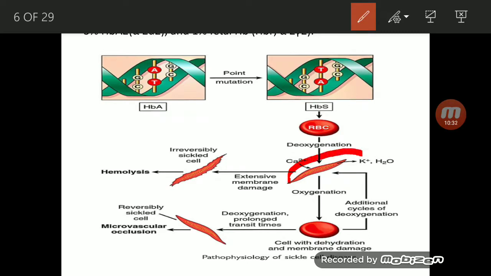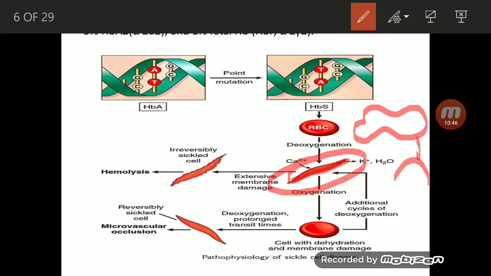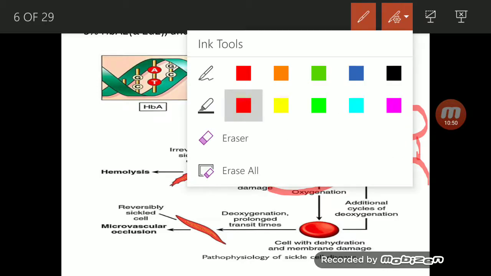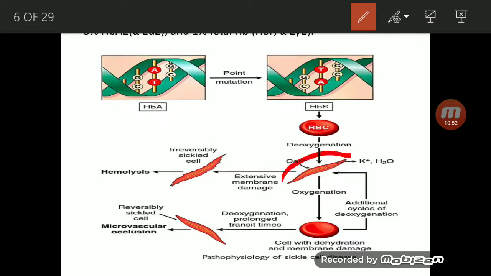Your RBC, which is normally biconcave in shape, due to formation of polymers, changes into a sickle cell. This is your sickle cell. Initially this sickle cell formation is reversible on oxygenation. It gets oxygenated and goes back into forming a normal biconcave RBC.